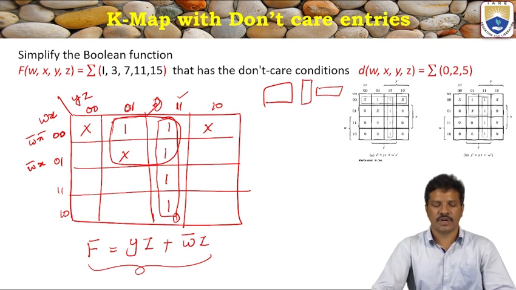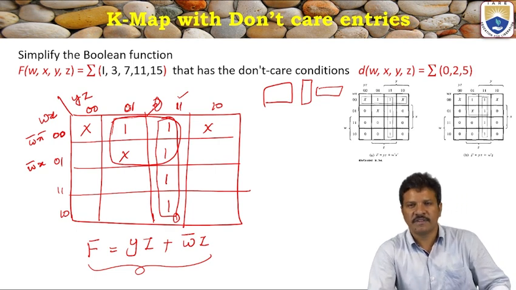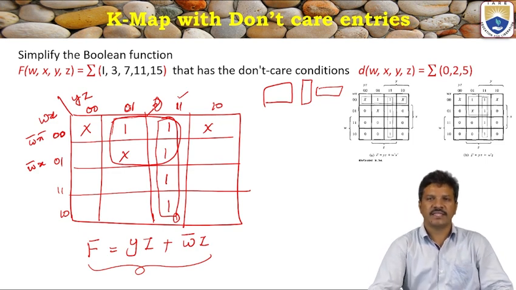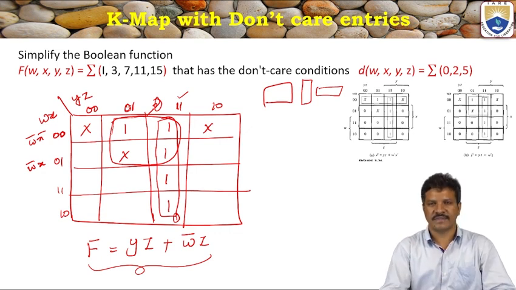So the main purpose of don't care is that in some applications, unspecified input combinations of minterms are considered as don't care by marking X in the K-map, and including those don't cares in the simplification process using boxes. Then we can minimize the Boolean function.